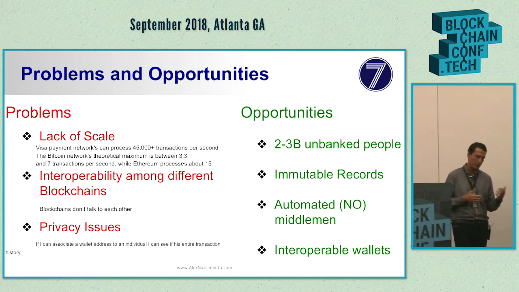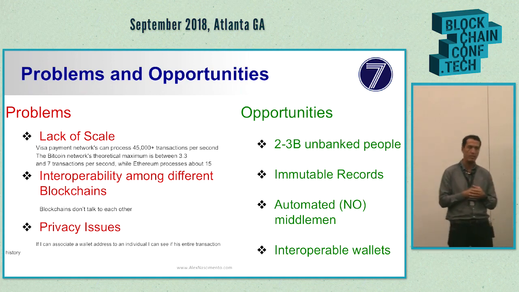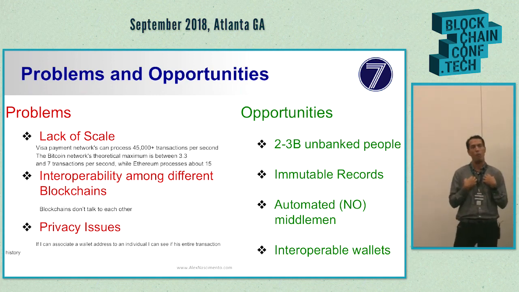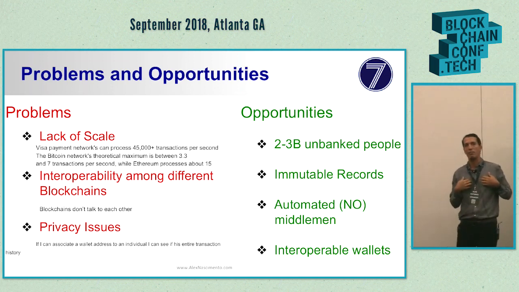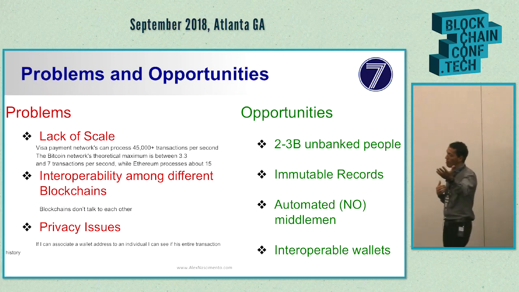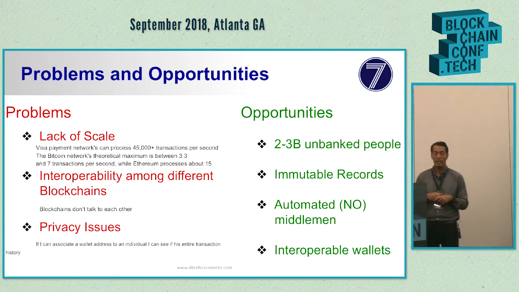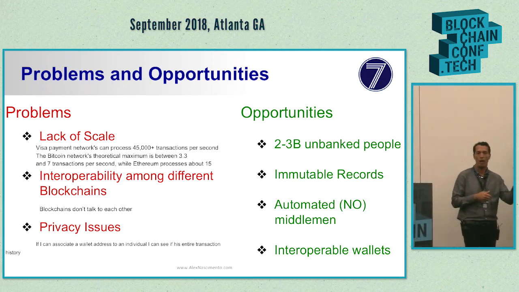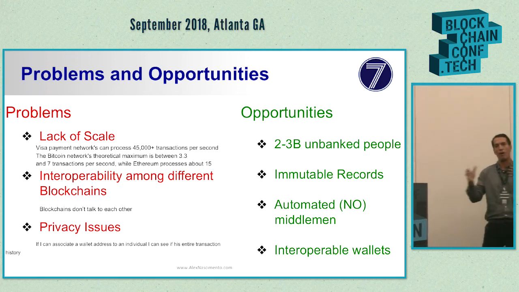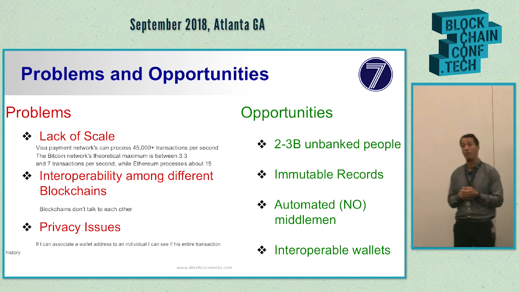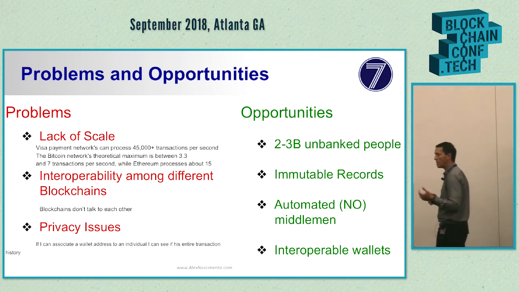And privacy issues, right? You can look at it from both ways. I might not want my wife to know how much money I have in the bank. Or you, as a supplier, might not want all your customers to know the different prices you operate for different clients. So privacy is still an issue.